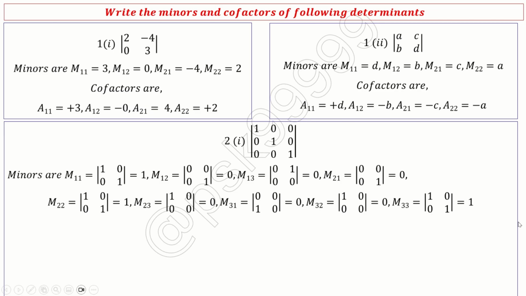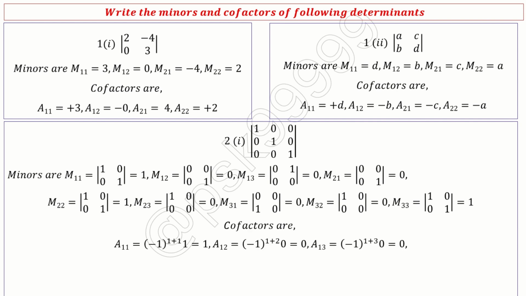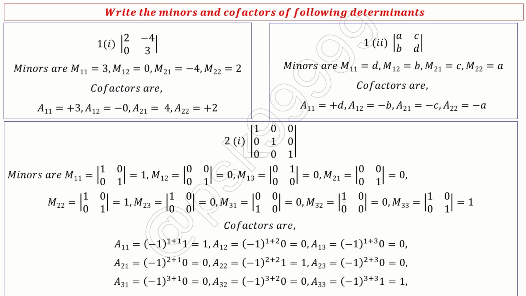Now for my cofactors I need to take the sign in front. A11: this is M11 which is 1, and minus 1 to the power of an even number is 1, so it is 1. A12 is 0, A13 is the same 0; anyway the sign doesn't matter here. Similarly A21, A22, A23 you can calculate for all.